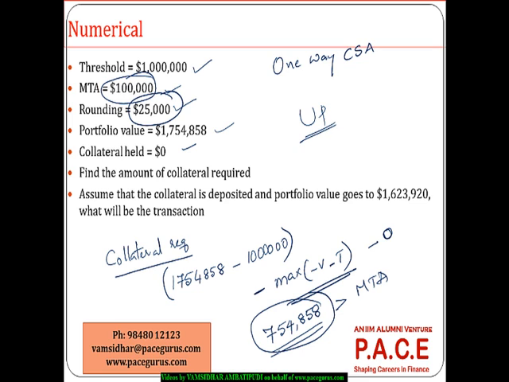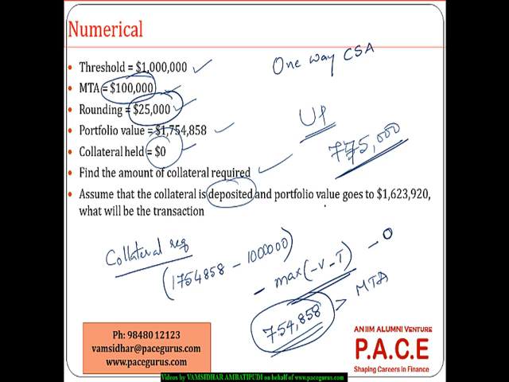And I have to round it up to the nearest 25,000, which means it's not 750. I have to round it up to 775,000. So 775,000 will be the collateral that would be requested from the counterparty, and that would be held.